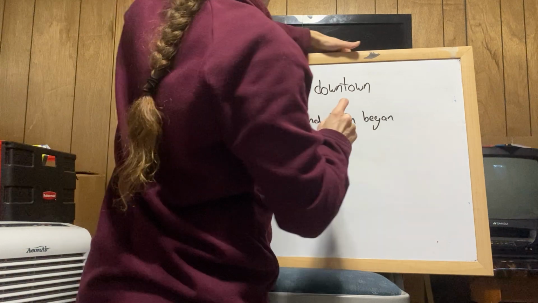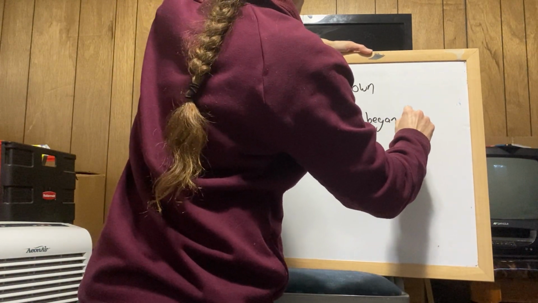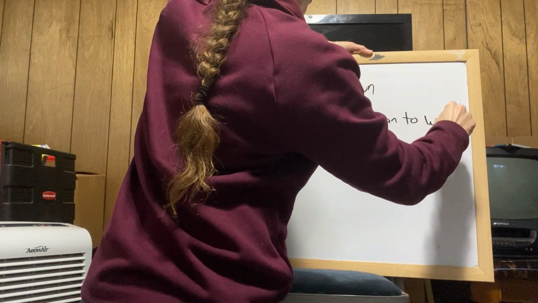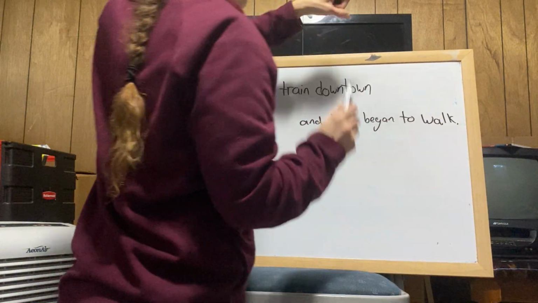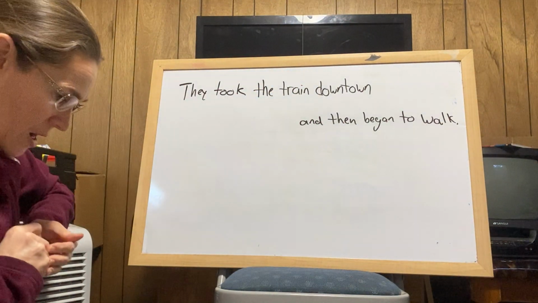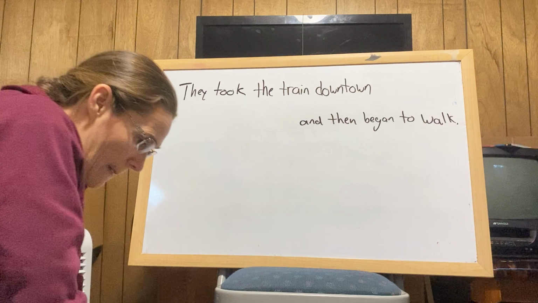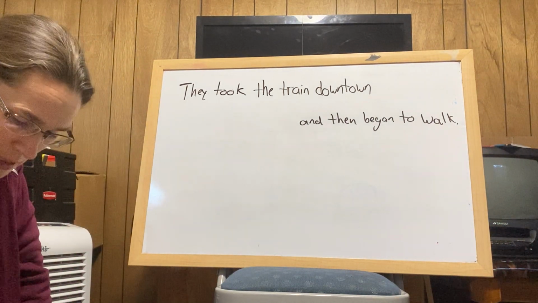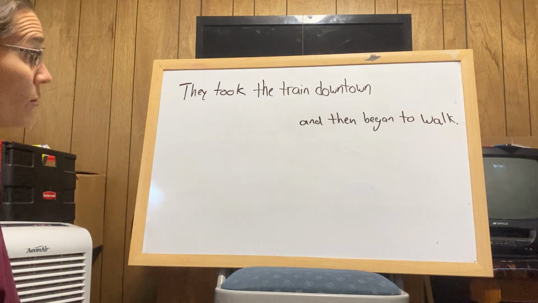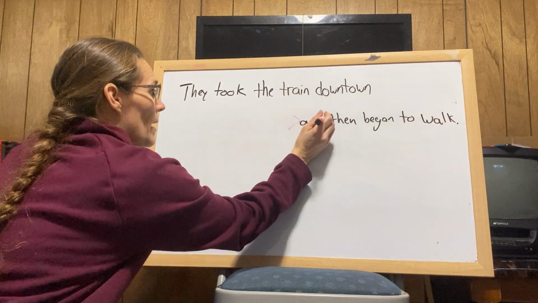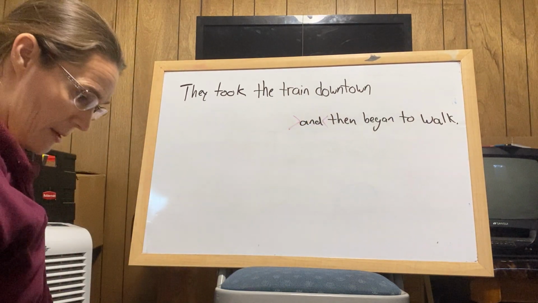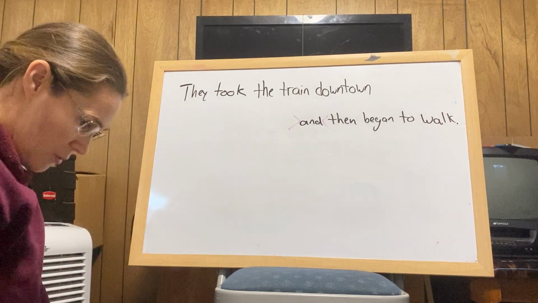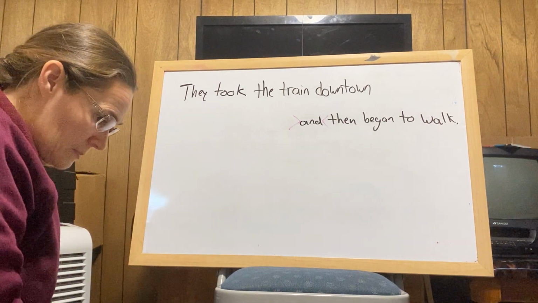They took the train downtown and then began to walk. All right, any prepositional phrases? I don't see any. I do see an and. So that tells me that we have a compound something going on there.